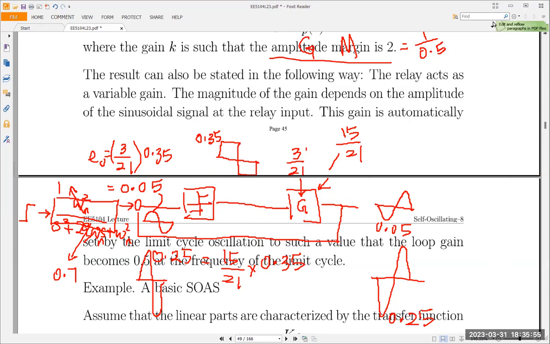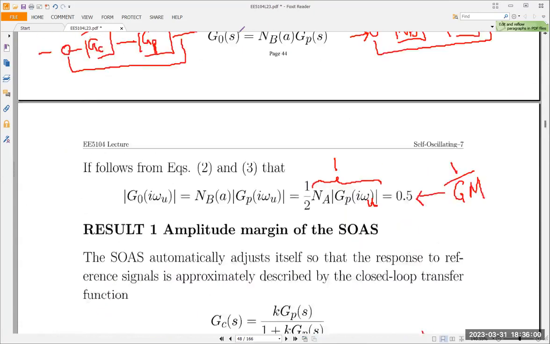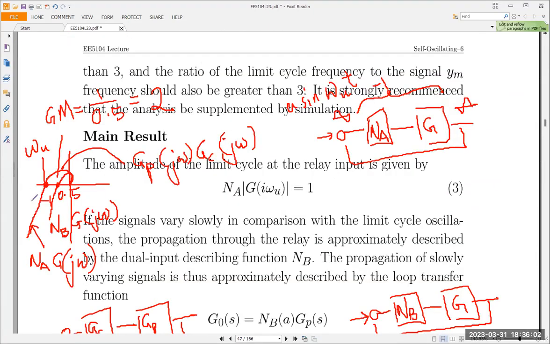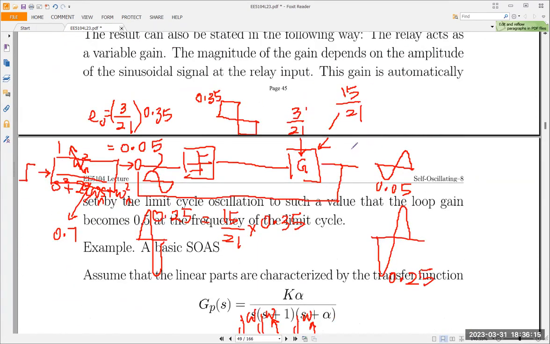Because at different frequency, you see the Nyquist curve shows that this is a Nyquist curve. At different frequency, you have different gain. So you choose the frequency that gives you a gain of 0.01 divided by 0.35.